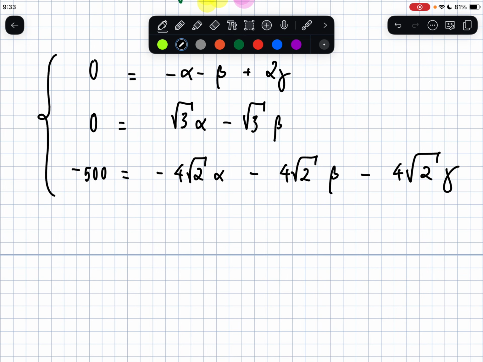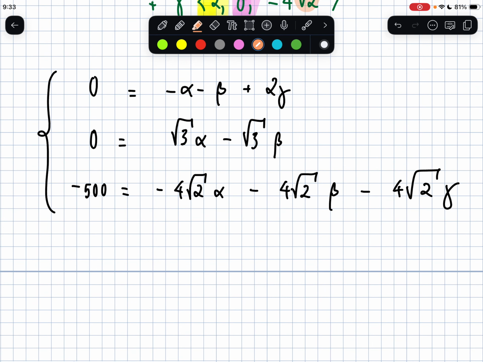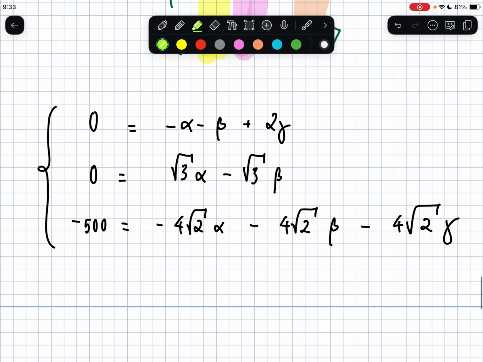So for the first one, let's do the second one first because it's easier. The second one is equivalent to square root of 3 times alpha equal to square root of 3 times beta. So alpha equals beta.